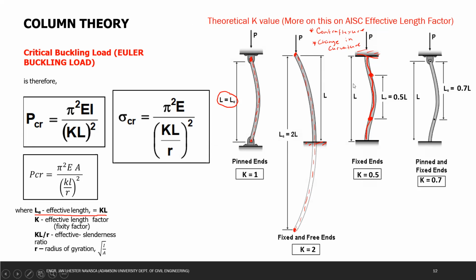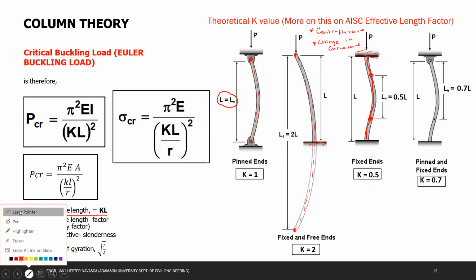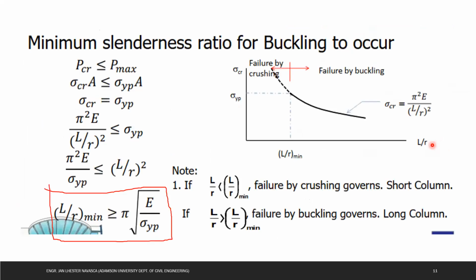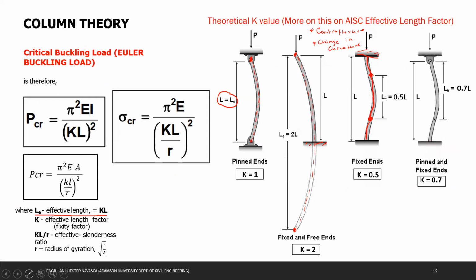Okay. Next, loading or support conditions. Let's say we have a pin and fixed end. We have a pin-ended connection at this location, at the top, and a fixed condition at the bottom.